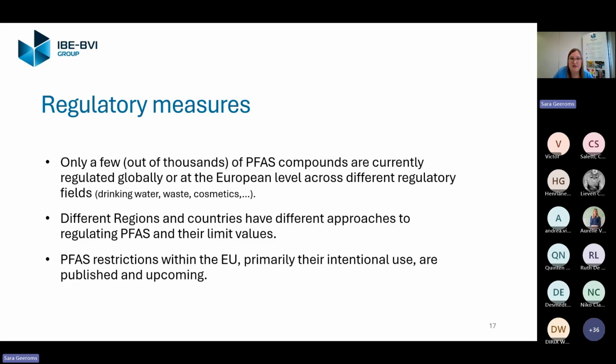Different regions and countries have different approaches to regulate PFAS and have different limit values. PFAS restrictions within the European Union are primarily focused on intentional use and are being published or upcoming.